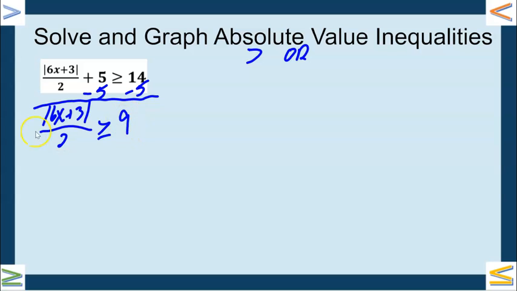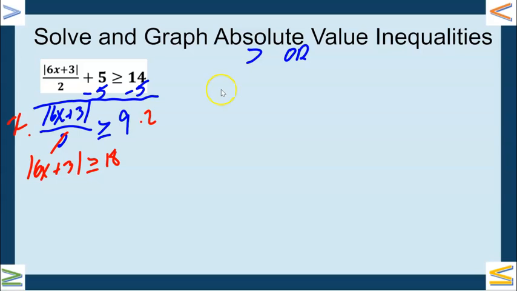Now the opposite of dividing by 2 is multiplying by 2. So the 2's divide out, multiply 2 on the right, and I'm left with the absolute value of 6x plus 3 is greater than or equal to 18. Now since I have the absolute value by itself, I can now rewrite this with two cases.